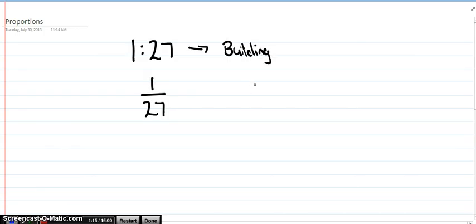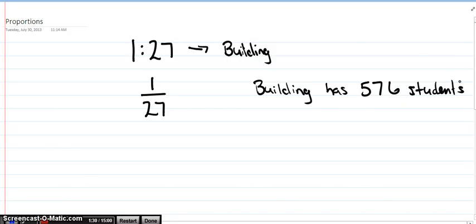But the building has 576 students, and you want to know how many teachers it has. So we can use proportions to solve that.